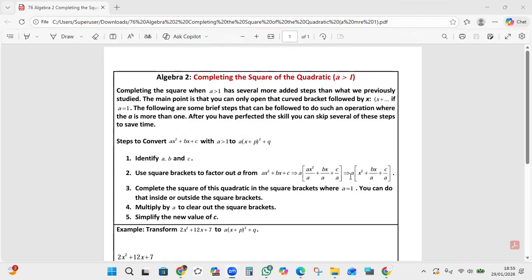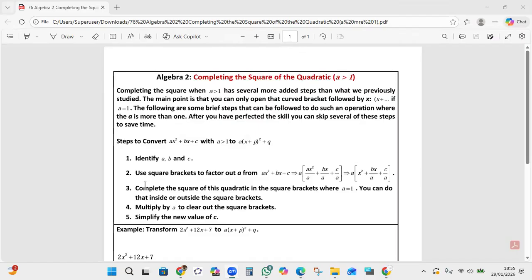And what's going to happen is now that a will be outside of the square bracket. Inside of the bracket now, you're going to have 1x squared because a divided by a is 1. And that's what you want to achieve. You want a 1 in front of x squared for you to open that curved bracket. And then the remaining two terms, you have bx over a plus c over a. But in front of the x squared, the a has been cancelled out, and here it is outside of the square bracket.